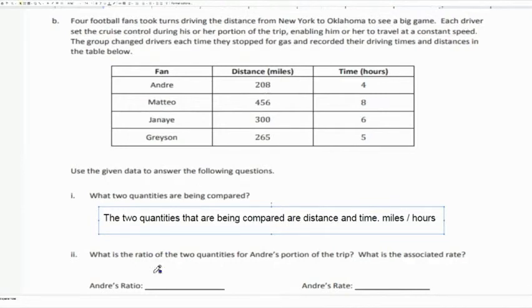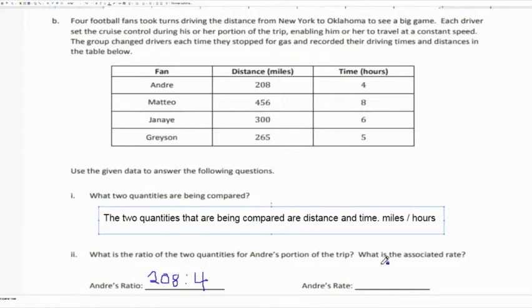Here's Andre, and he has 208. Remember, this is a ratio, so there are no units involved. We're going to use a colon to separate that, and now we have the number of hours. He went for 4 hours. He traveled 208 miles in 4 hours.